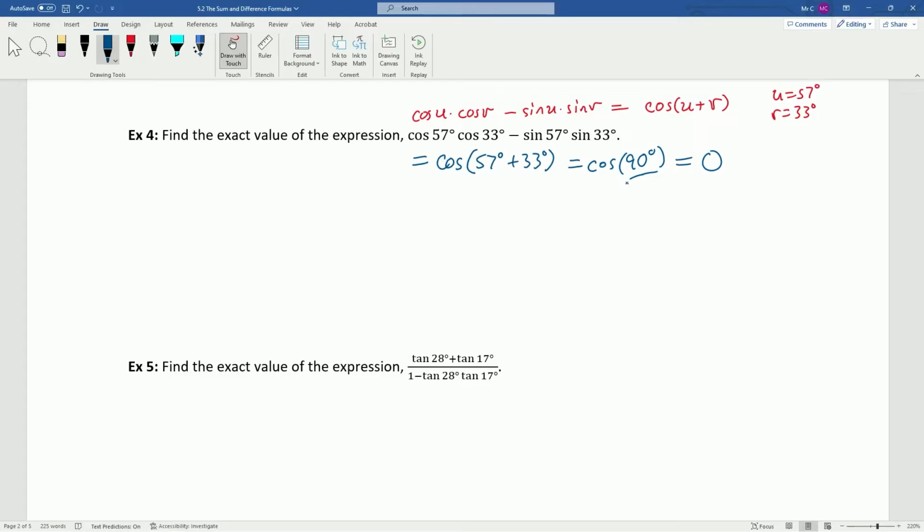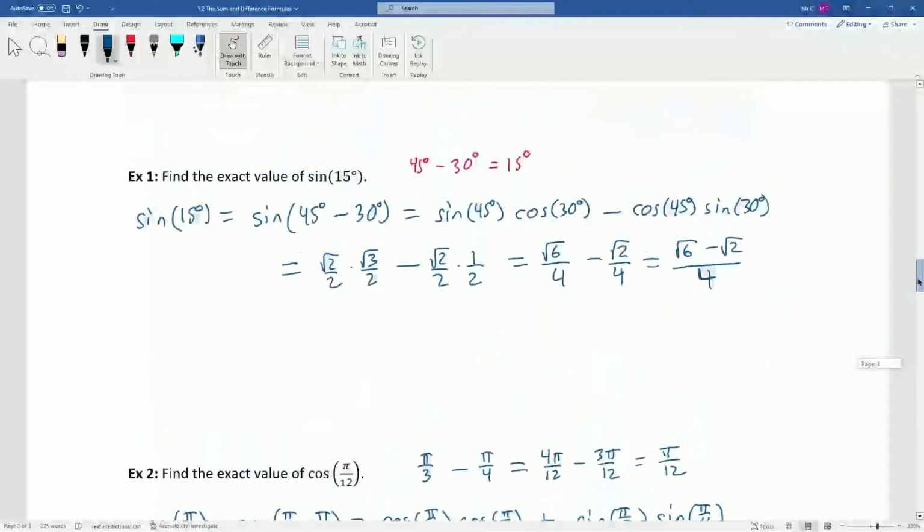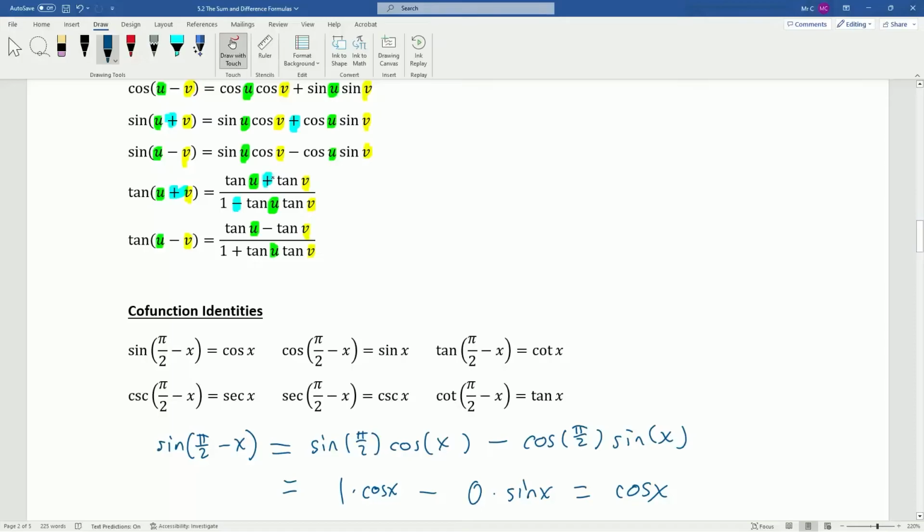All right, so now let's take a look at example 5, and this is a similar type of problem here. So remember, when we look at the tangent functions, the sign up top is the one that matches your sum or your difference formula, right? So if you're looking at a sum, tangent of u plus v, you get tangent of u plus tangent of v up top.